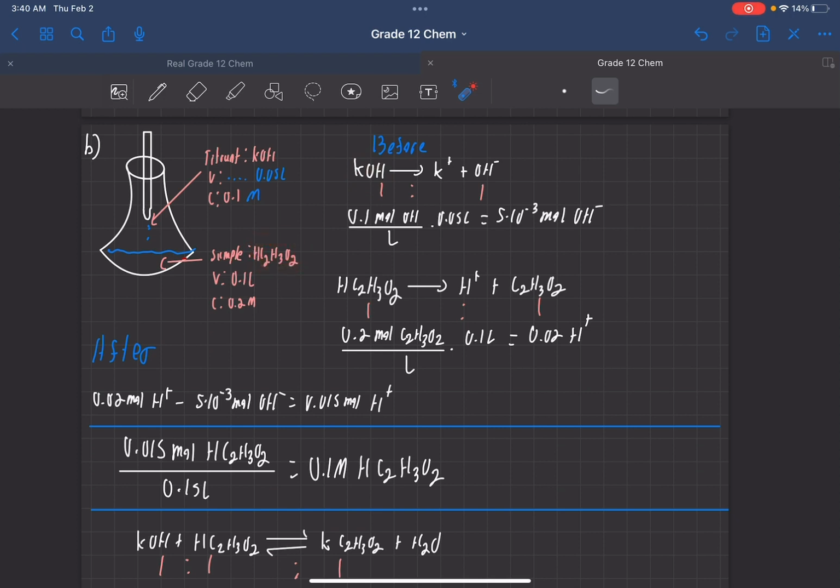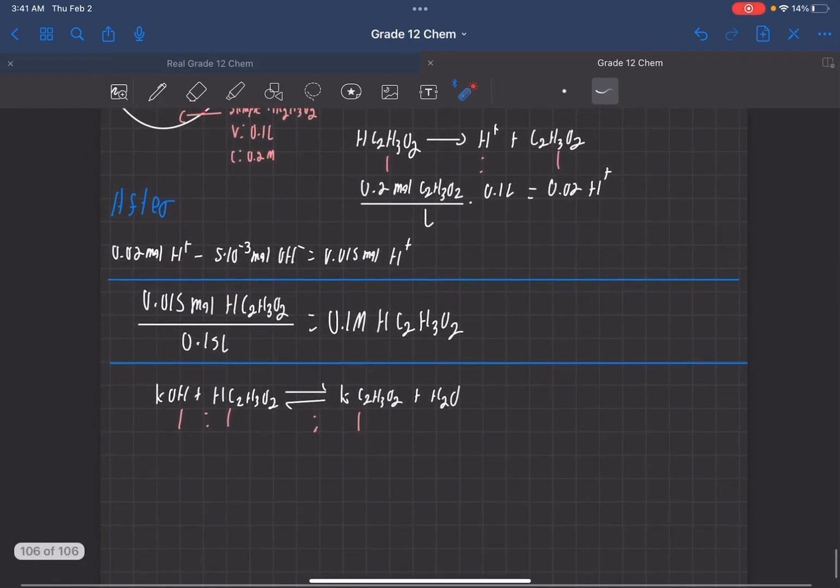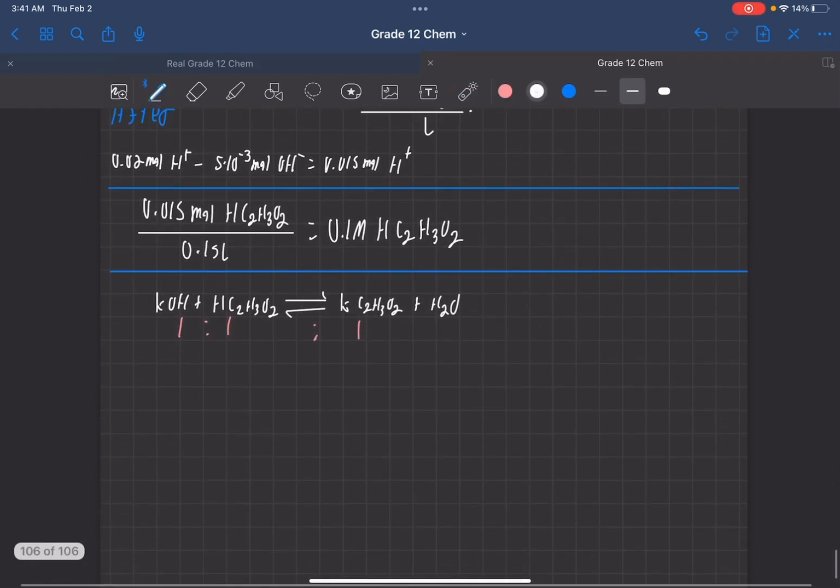It's going to react with 5 times 10 to the negative 3 moles of this acid. Why? Well, because of Le Chatelier's principle, right? So we know that we're going to have 5 times 10 to the negative 3 moles of the salt.